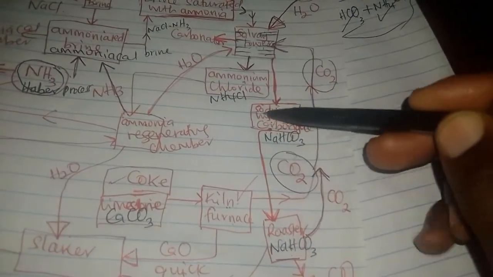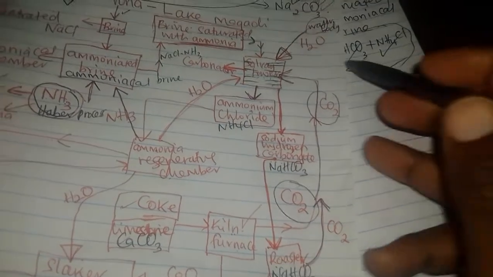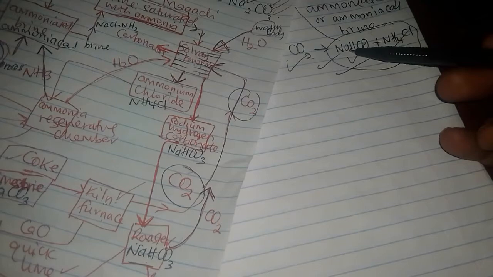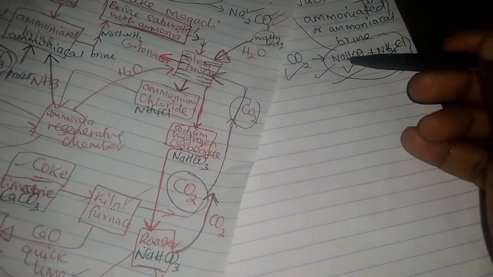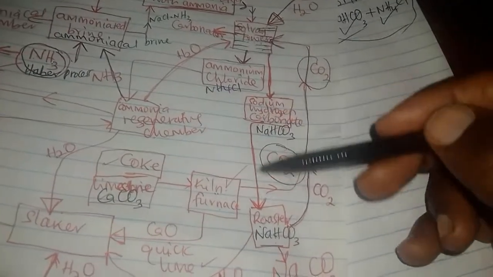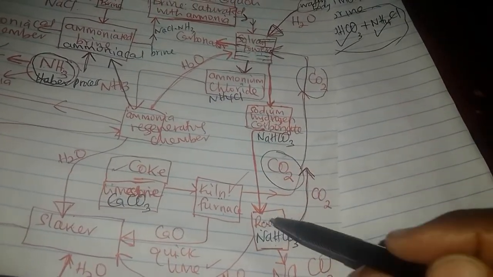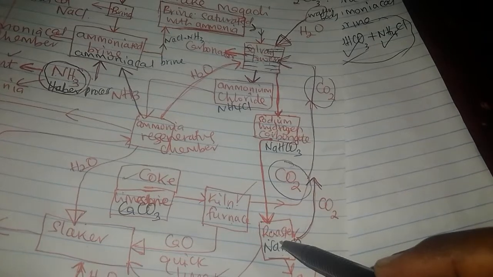After we are done with that part, you have sodium hydrogen carbonate here. It gets taken to the roaster. Sodium hydrogen carbonate is also called baking soda or bicarbonate of soda. In the roaster, the temperatures are very high.